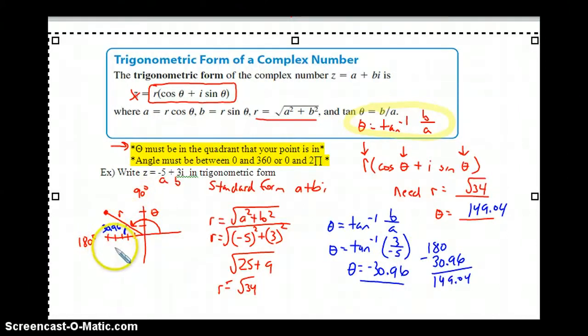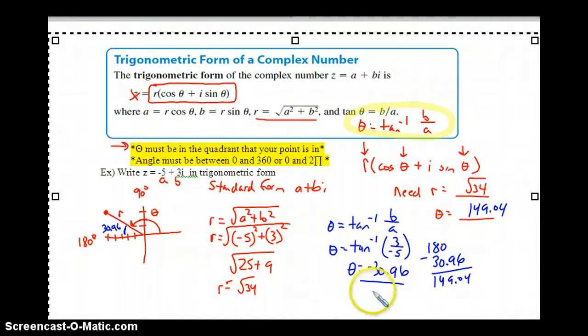because that's the quadrant that our point was plotted in. So what's my final answer? If I plug these back in, let me do that down here.